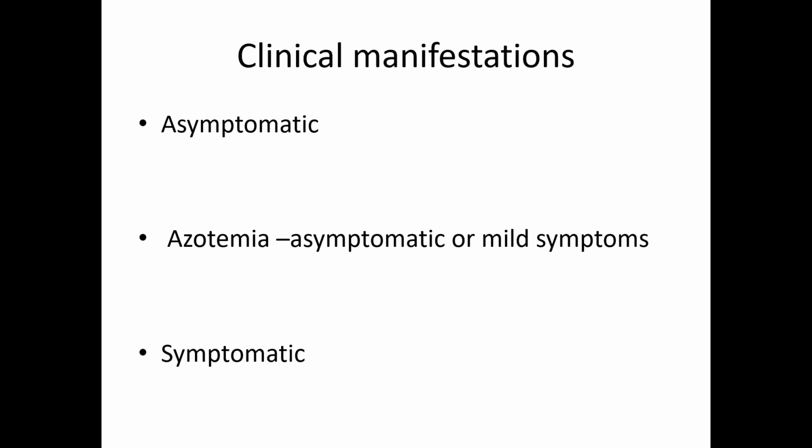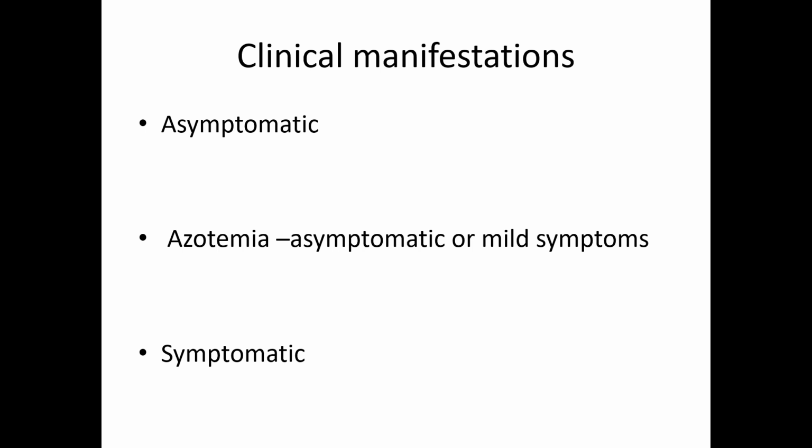Most patients with chronic kidney disease stage 1, 2, 3 usually remain asymptomatic. They may not have many symptoms. From stage 3 onward, particularly when the GFR goes less than 60 ml per minute and reaches about 45 ml per minute, nitrogenous waste starts accumulating in the body.